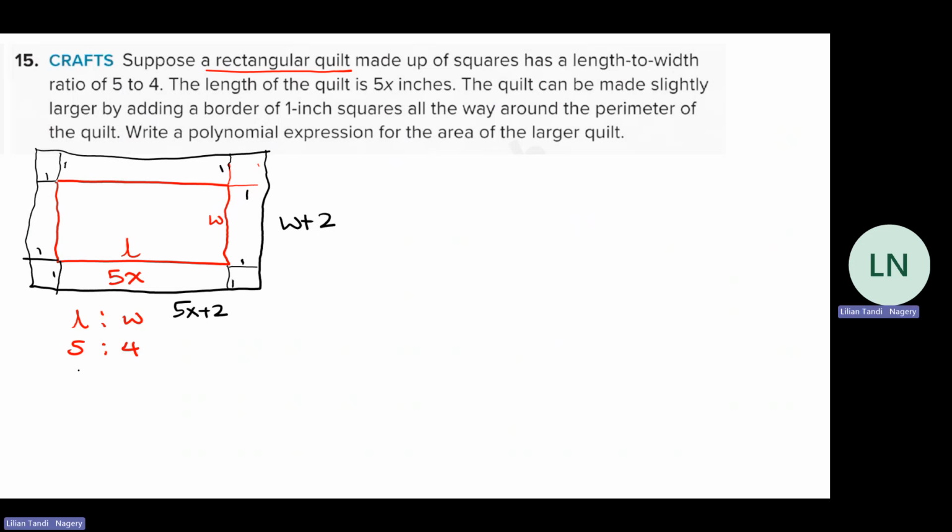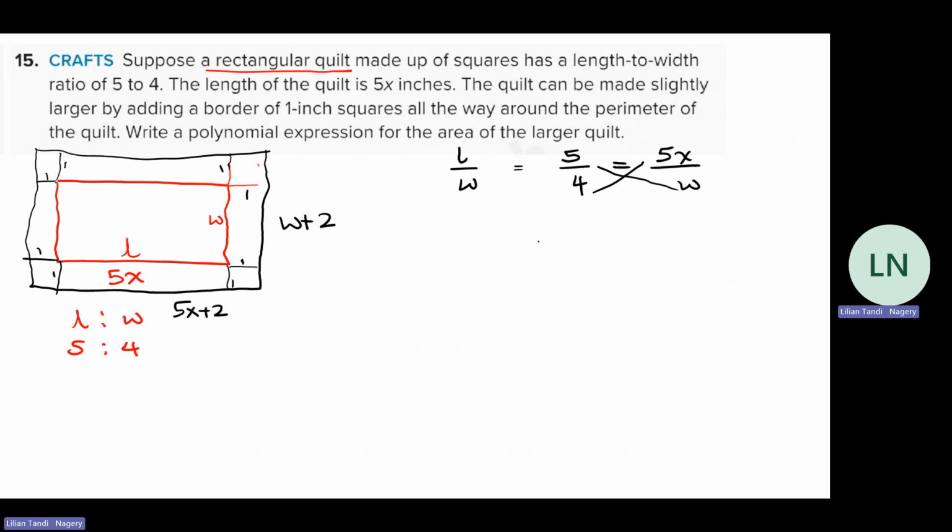So I can do this many ways. I can do the butterfly method, length over width. So I know the ratio is 5 over 4. My length was 5x. And I don't know this. Let's call it w because I don't know it. So what will I do? Butterfly method.